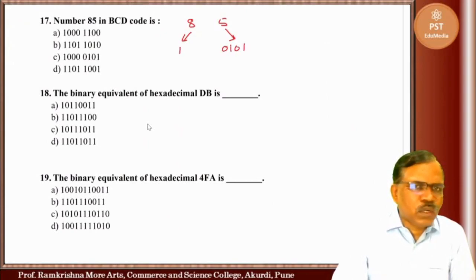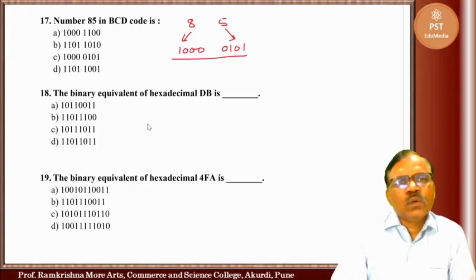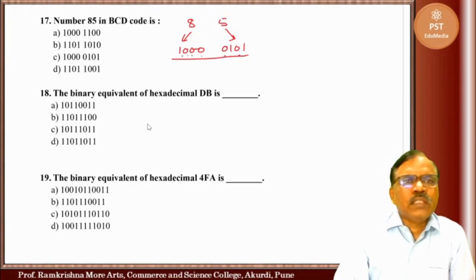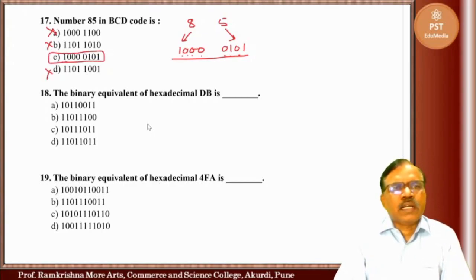So the BCD number is 10000101. So this is not correct, this is not correct, and this one is the correct one. So the answer is C.